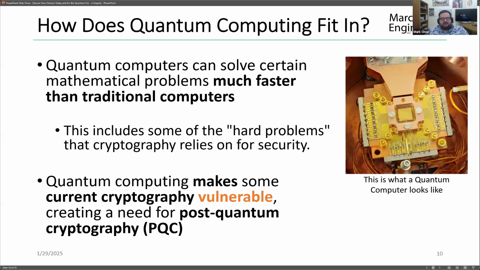This means that quantum computing makes some current cryptography vulnerable, so we need this new class of cryptography called post quantum cryptography. Cryptography that uses problems that are hard not only for traditional computers, but that are hard for this next generation, the quantum computers.